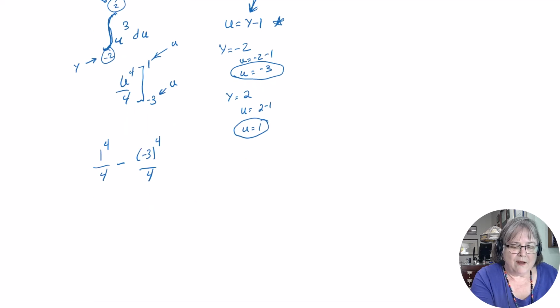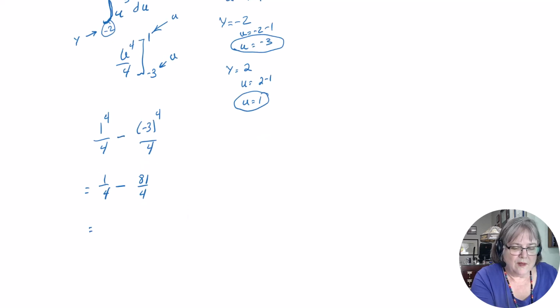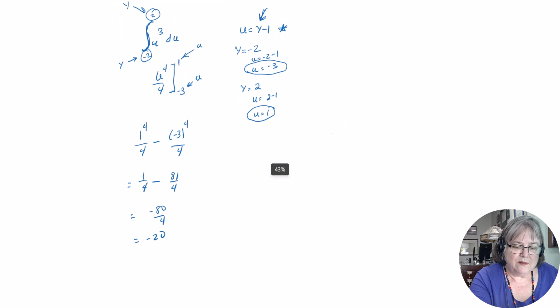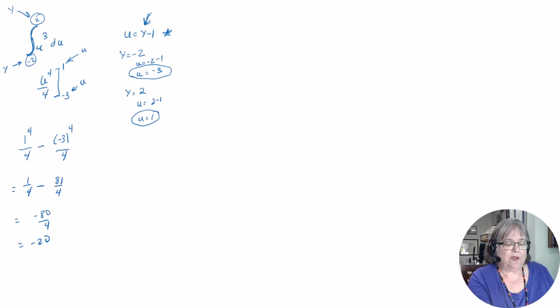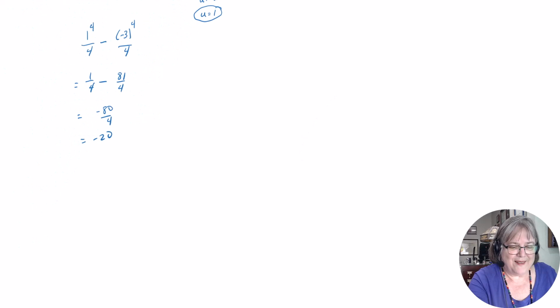So I would have 1/4 minus 81/4. And this is -80/4, which is -20. So see how we got the same answer? All these 3 ways. So unless your teacher requires you to do a particular method, they don't really actually care which way you get it done. Other than, obviously, you can't cheat off somebody.